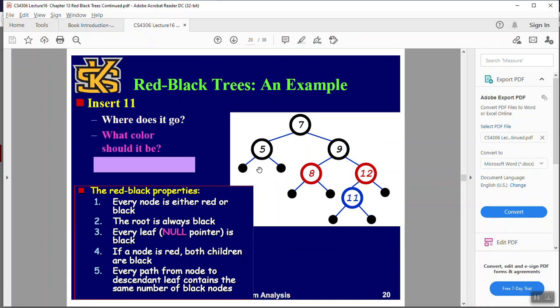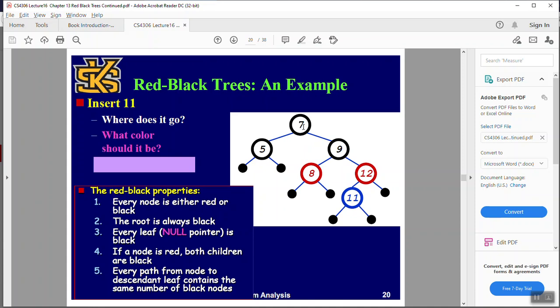Now let us say we want to insert one element, for instance 11. Since it is a binary search tree, in order to insert 11 we check with the root, 7.